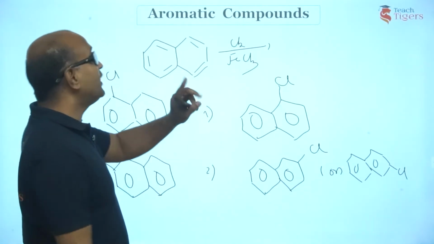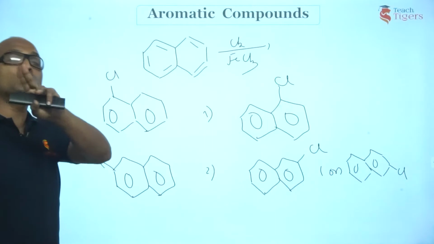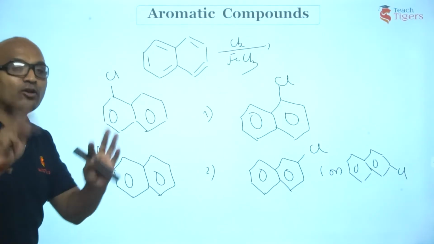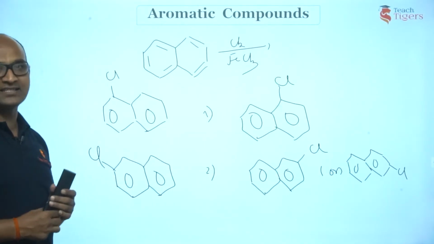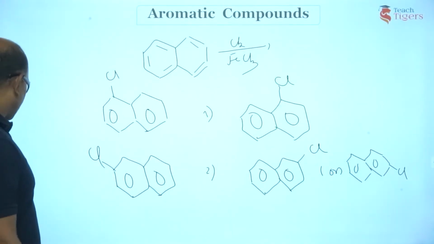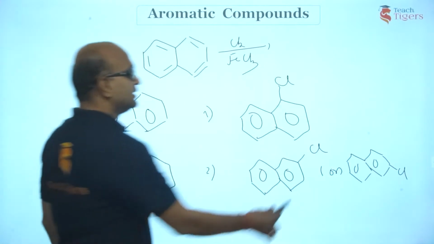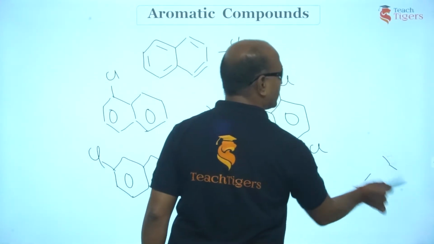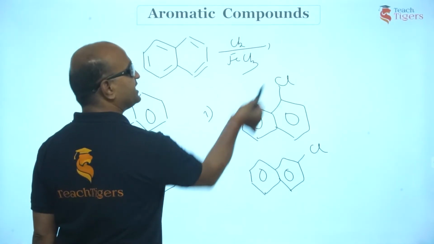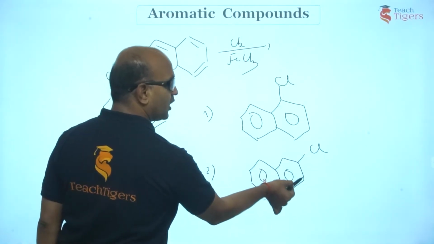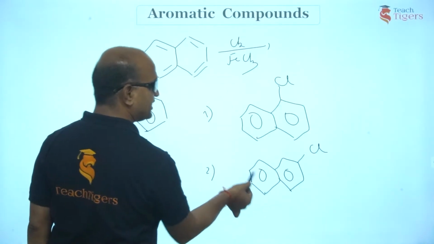So you are going to get theoretically only two species here. And we are going to name them, because many times such questions have been asked. Right? So how do you name them? Guys, I'll just rub this. You are going to have theoretically only two. If you have here or here or here, it is the same. If you have here or here or here, here and here, it is the same.